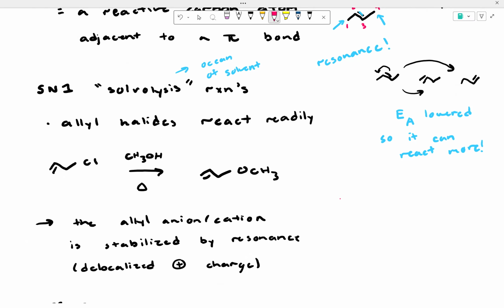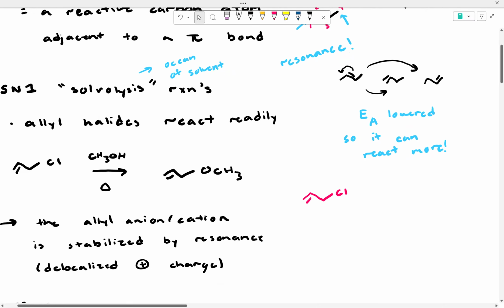We have our alkyl halide here, and we have our methanol existing here. And methanol looks like this, CH3. So it's in our SN1 reaction.